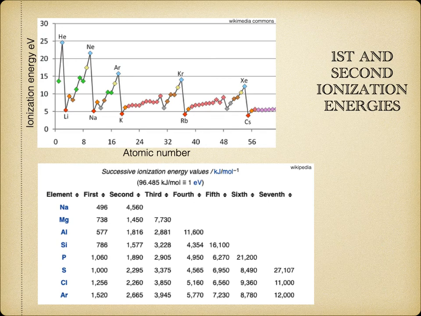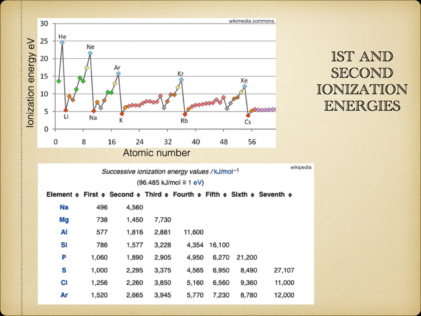Here's some really nice tables that describe some of these trends. So we start with hydrogen, which typically is more inclined to gain an electron than lose an electron, but it has kind of a middling ionization energy there because it could technically do either.